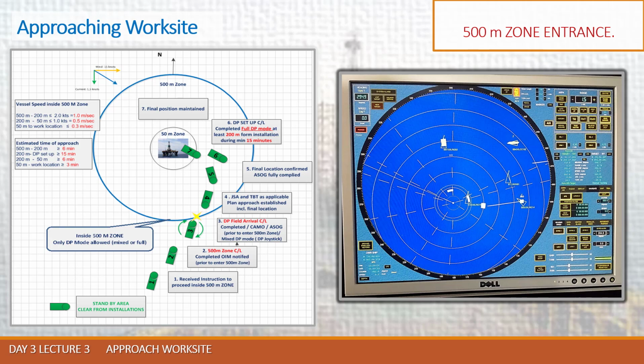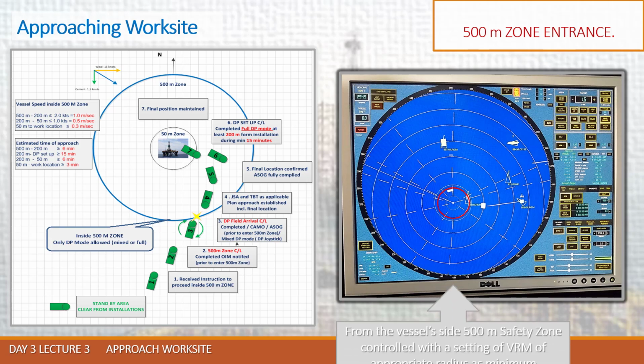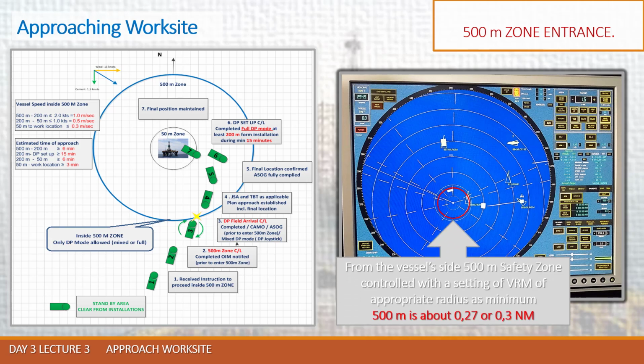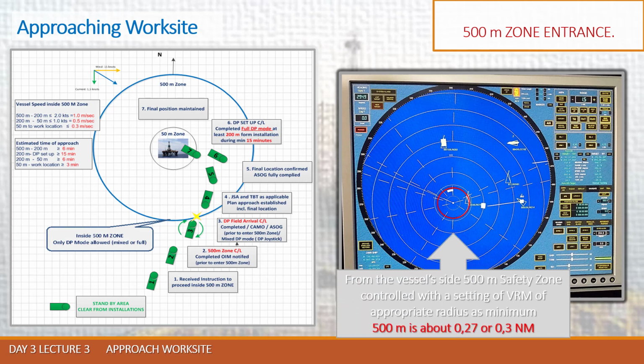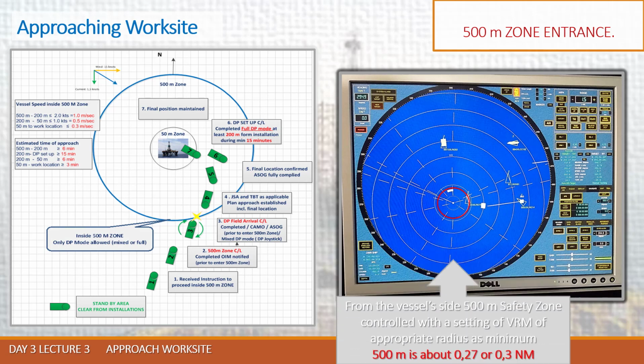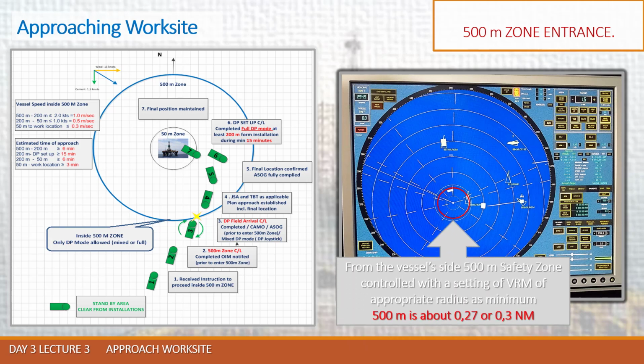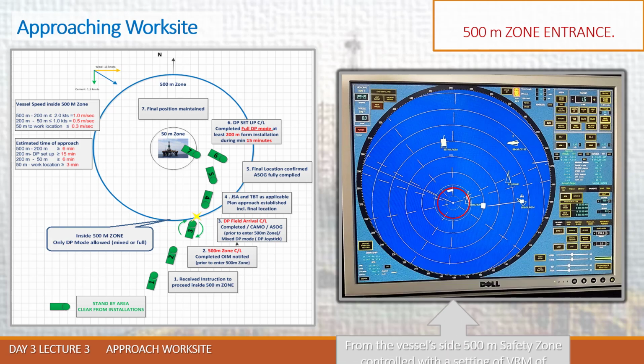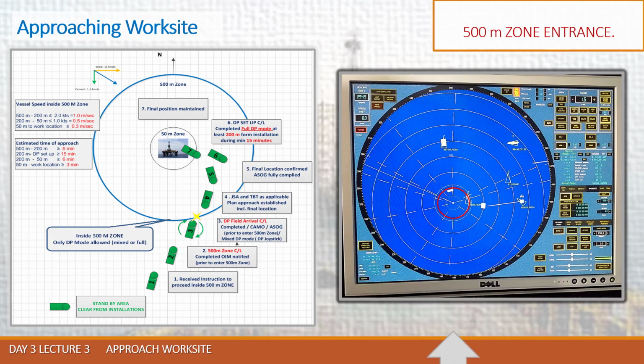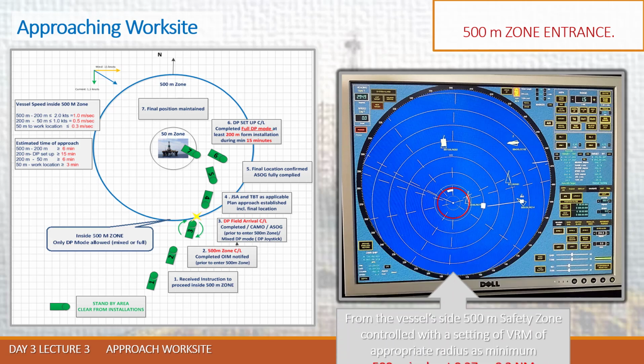So use your radar with the appropriate VRM ring, and the minimum is a 500 meter radius ring, which is 0.27 nautical mile or 0.3 nautical mile, and better of course to keep 700 meter clearance, because this is the latest I know about offshore practice, to be ready for operations with appropriate clearance from the safety zone. And if you are expecting your approach, keep appropriate clearance from the safety zone.